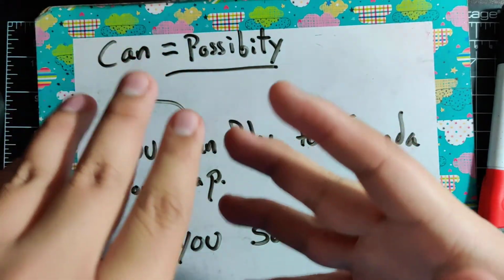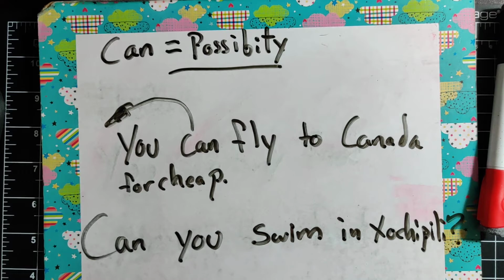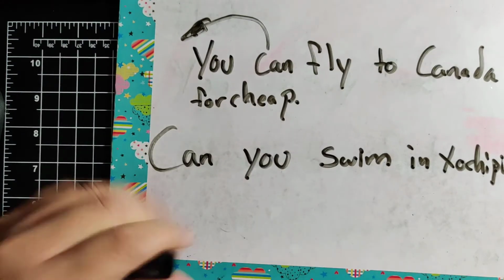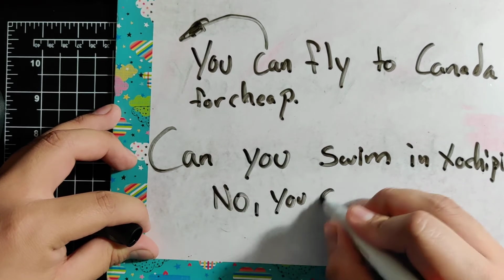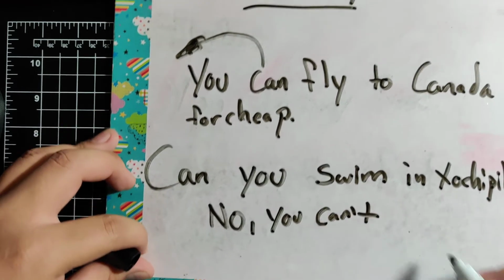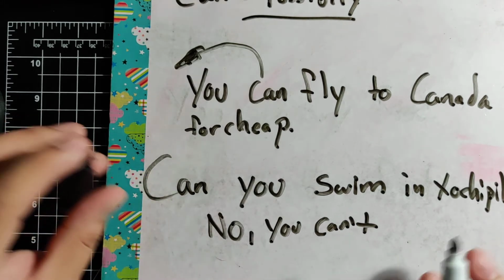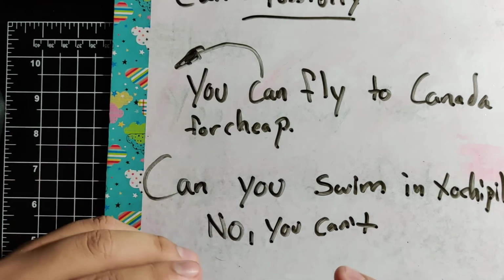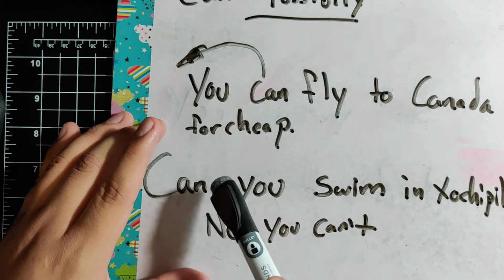So technically, you can't swim in Xochipilli. The answer would be no. You can't. So you see what I'm doing right now? Okay? That's how you can use can for possibility.